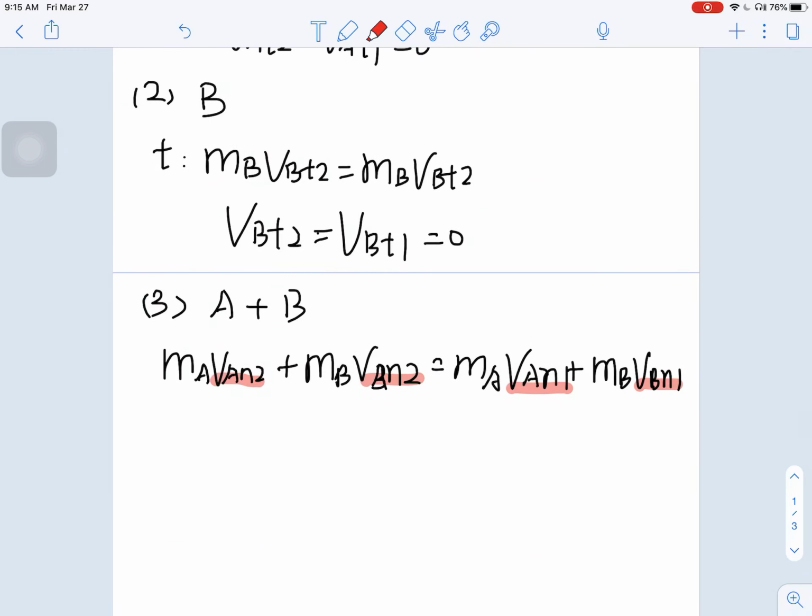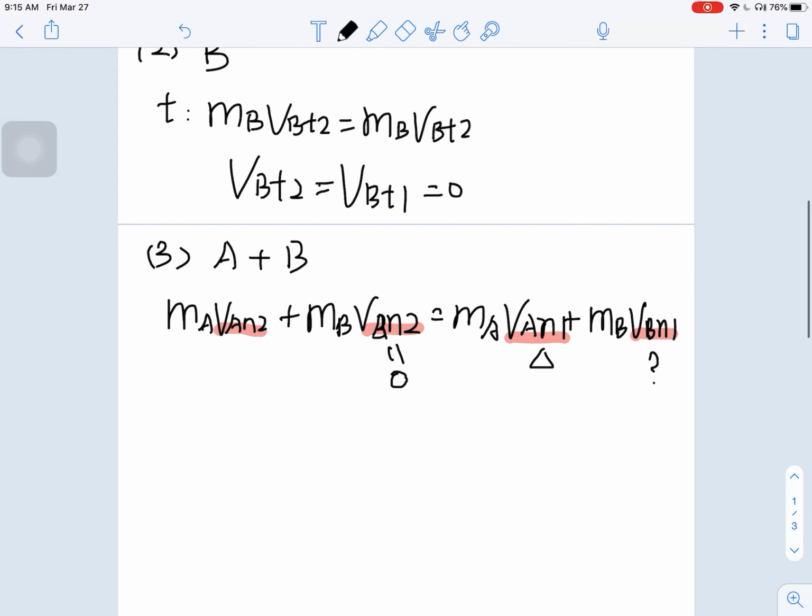VAn1 is given, and we are trying to solve for VBn1. After the impact, B is stationary, so the VBn2 term goes to 0.